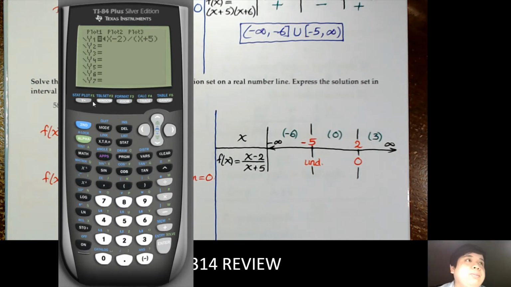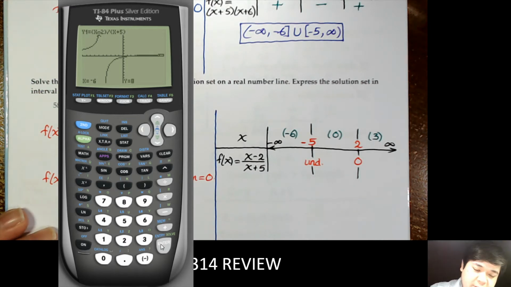Right? Second, calculate value. When we have negative 6, that is positive.